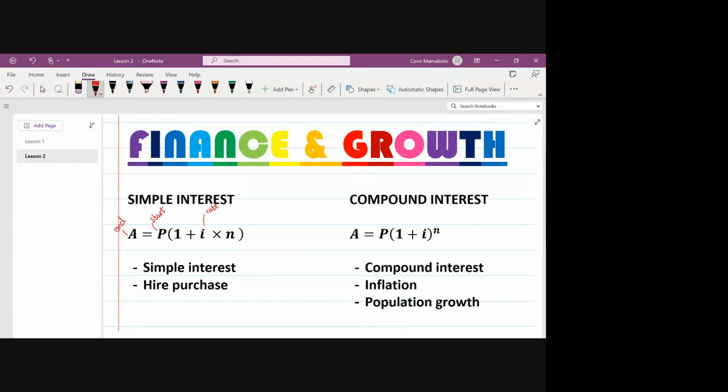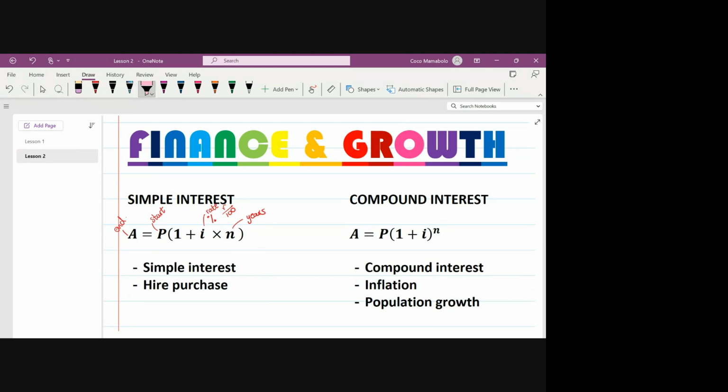So remember, you're going to have to click percent on your calculator. And if you don't click percent on your calculator, you need to take the interest rate and divide by 100. You cannot leave it exactly like that. All right. Then the n is always the number of years. You need to remember that. All of this also translates to compound interest as well. All right. When do we use each of these?